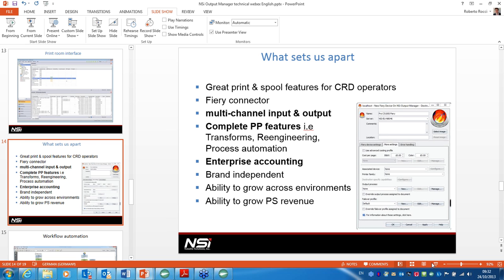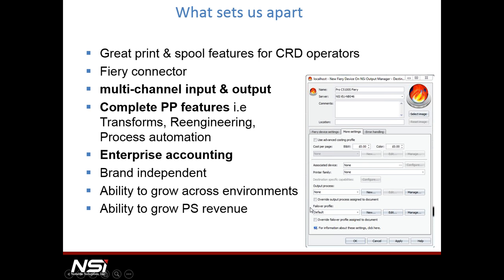And show a couple more highlights. So, other quick things I'd like to just mention here is we have a Fiery connector, many tools which have to do with print rooms. As soon as you pass on jobs to something like a Fiery controller, it's like throwing it over the fence.